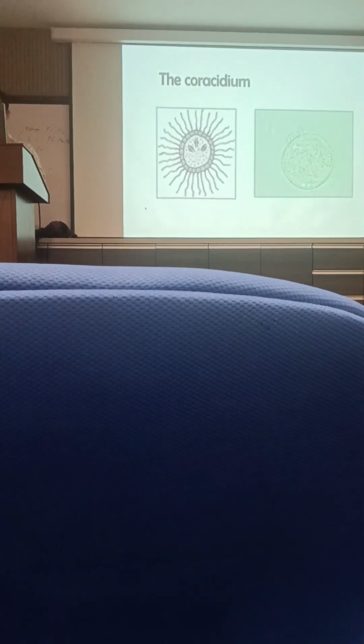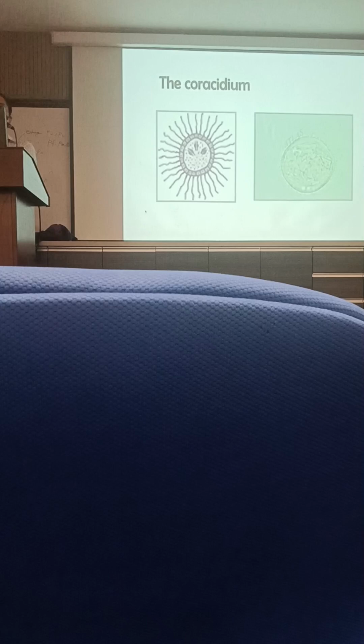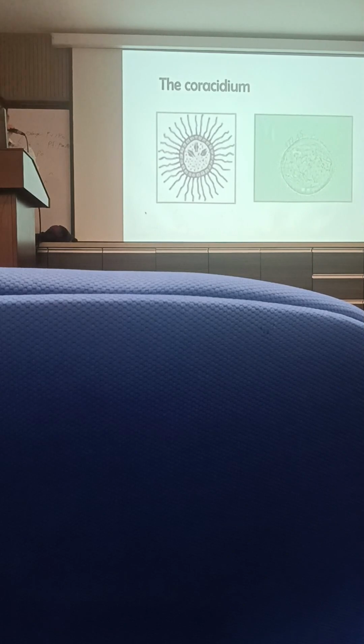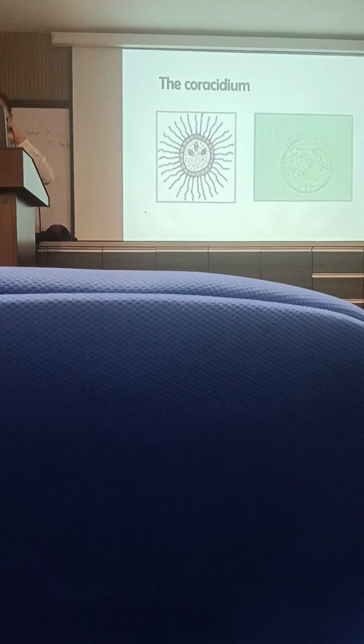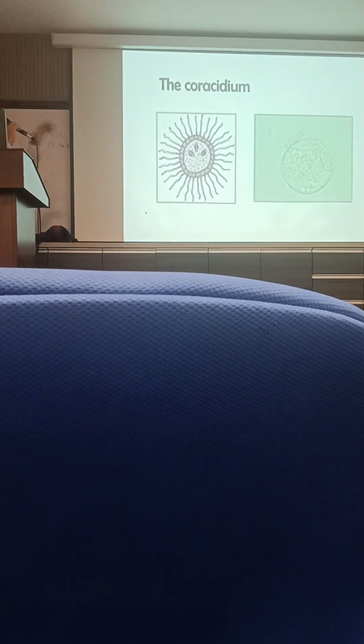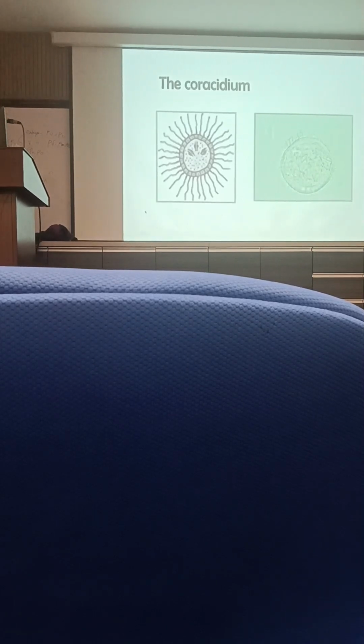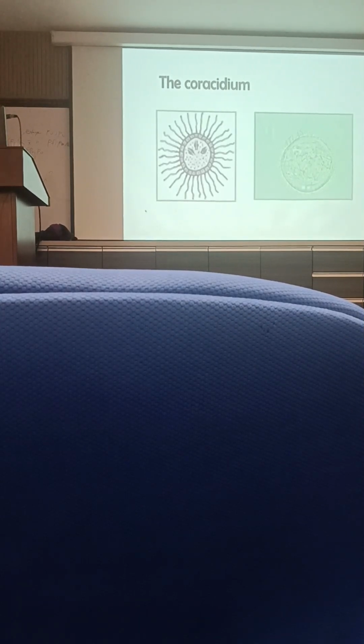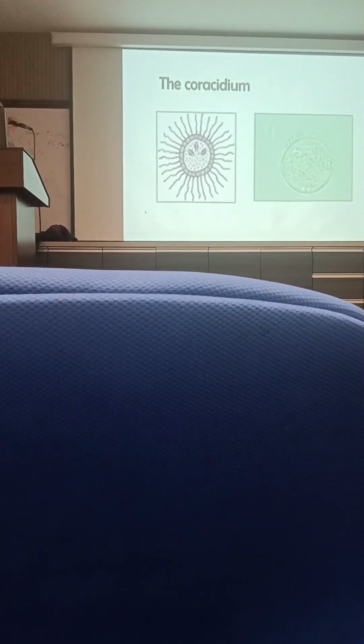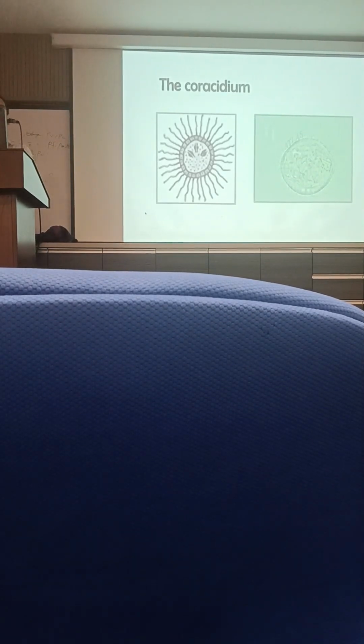So this is the coracidium. You can see the cilia is long. Usually in the miracidium, the cilia is short, right? But still it's ciliated. So it has both features, right? But look in the middle, what is there? There are three things, right? It's actually three pairs of hooks. So we call it hexacanth, meaning three pairs, so 6 hooks.